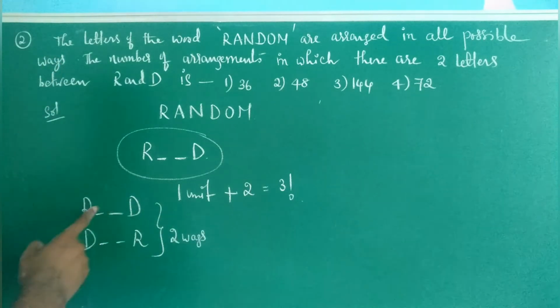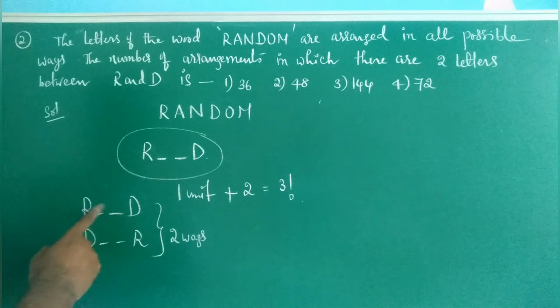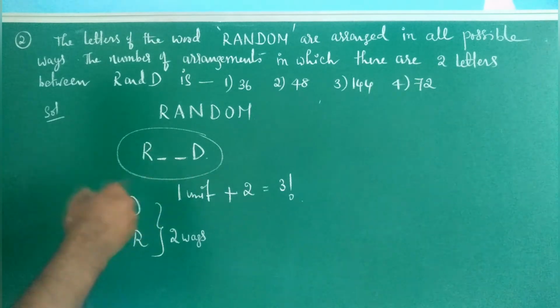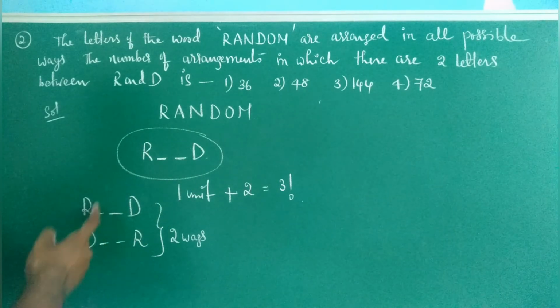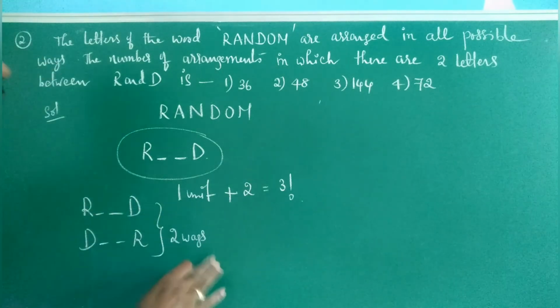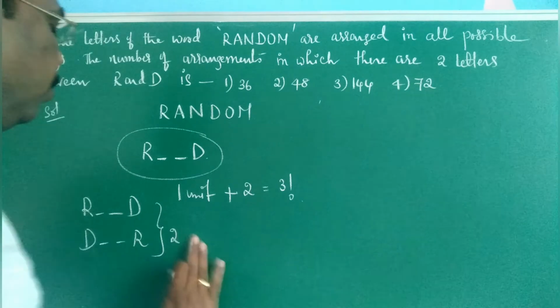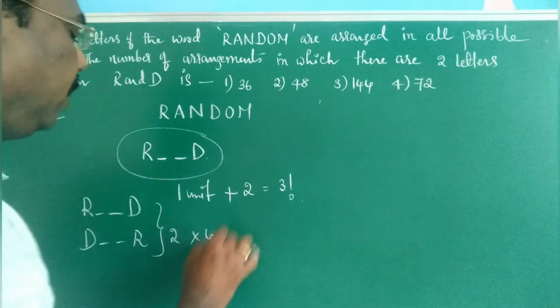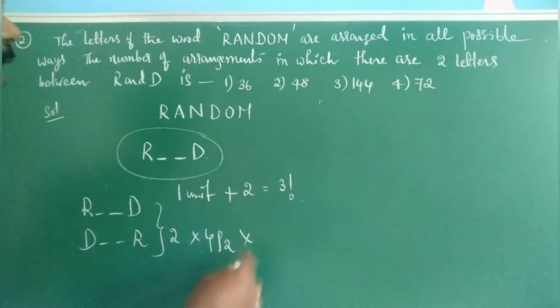Now the two places can be filled with the remaining four letters, 4P2. Now 2 into 4P2 into 3 factorial.